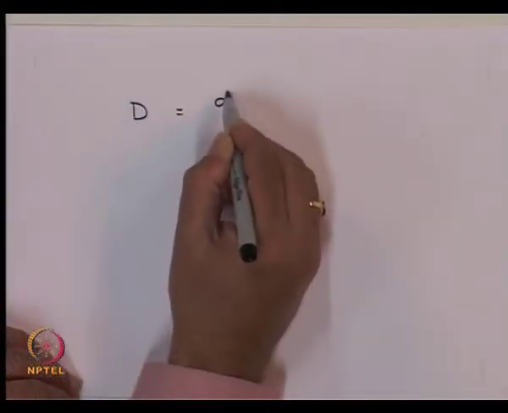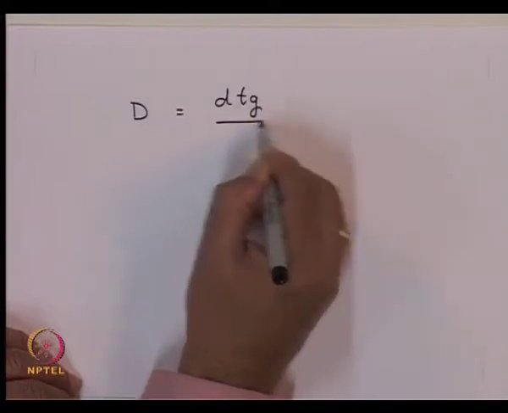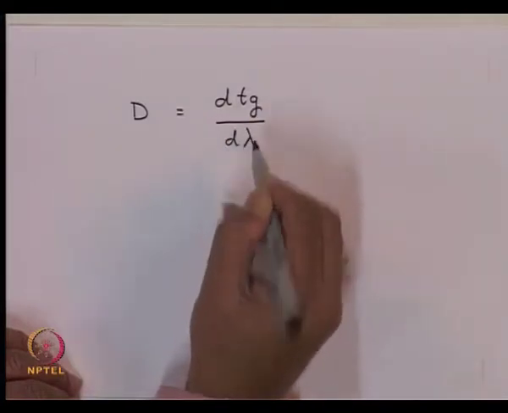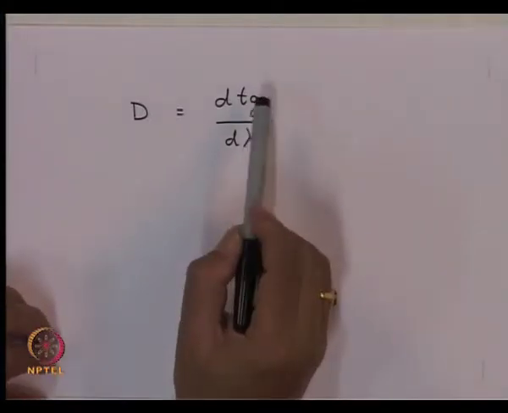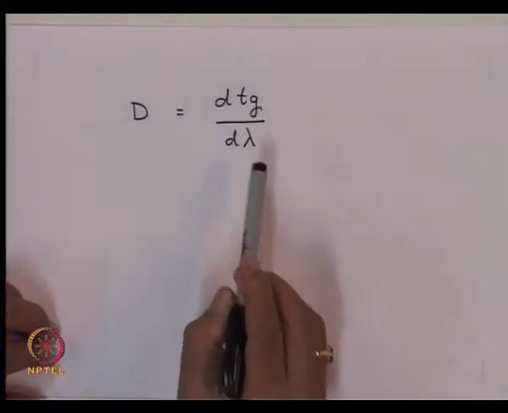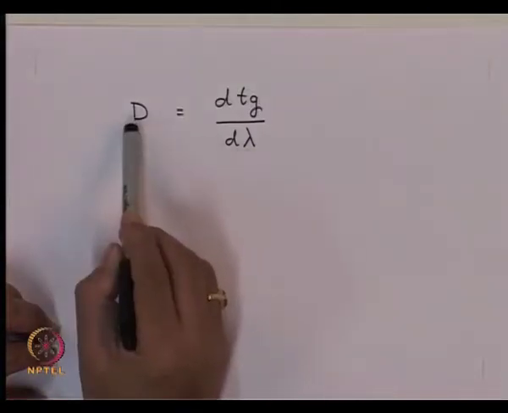Let us look at this in a little more detail. So let us ask, what is the dispersion which we have defined, this quantity? This quantity is dTg by d lambda, that is the group delay by wavelength. So it is the rate of change of group delay as a function of wavelength. That's what gives you dispersion.